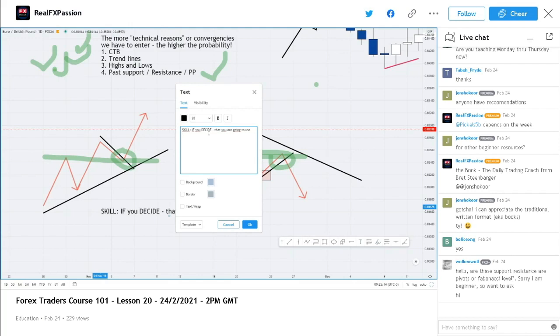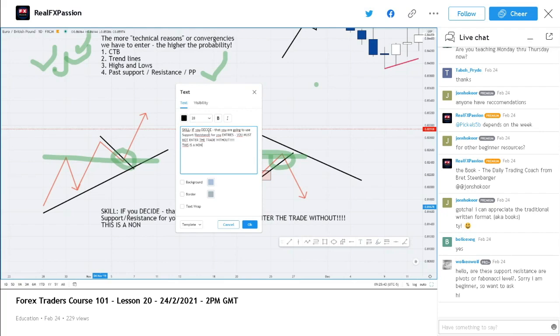So if you decide that you're going to use support/resistance for your entries, you must not enter the trade without.